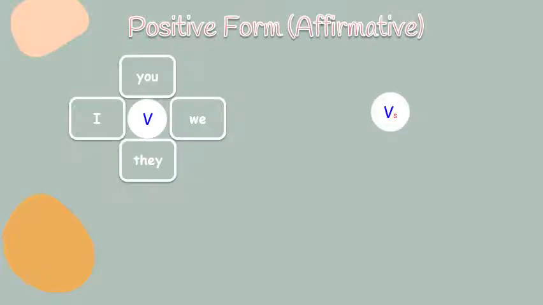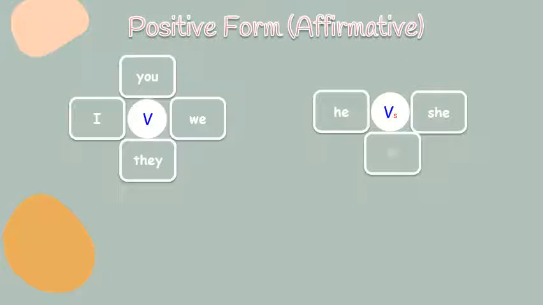But if the subject is singular, like he, she, or it, I must add s to the verb. He, she, it, the boy, the girl, the doctor, the teacher. But if the subject is plural, like you, we, they, or I, or the girls, the cats, the teachers, we do not add anything to the verb.